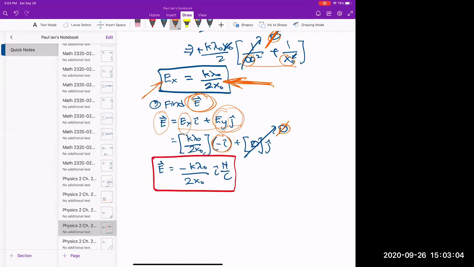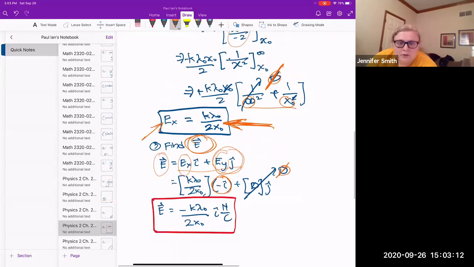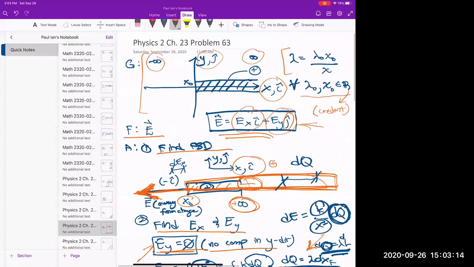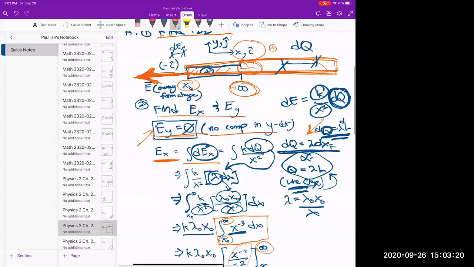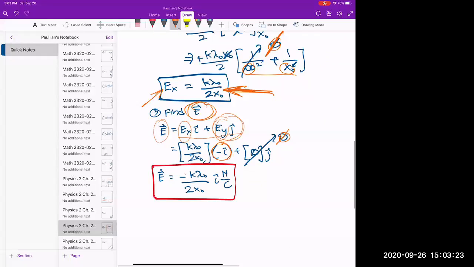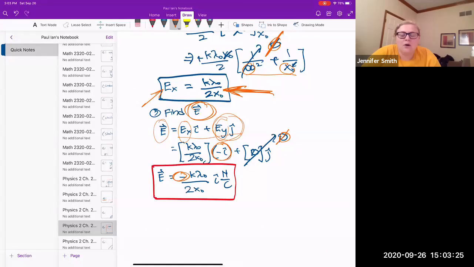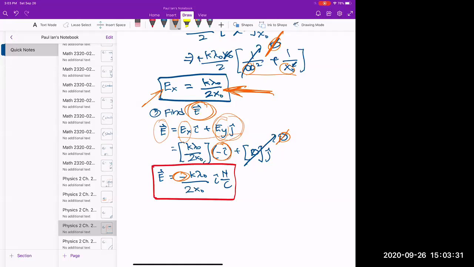How did I get this guy? Just because it's all in the x direction. Yeah, it's all in the x direction, and then it's because of this. It's pointing to the negative. Gotcha. And because of that, this becomes the negative. Okay, so that's where that negative comes in. A lot of these, it's because of that free body.